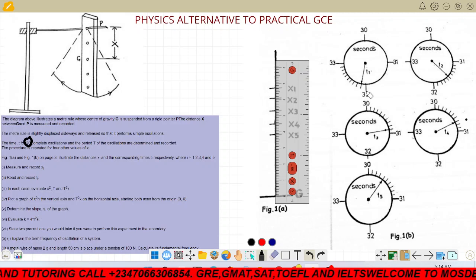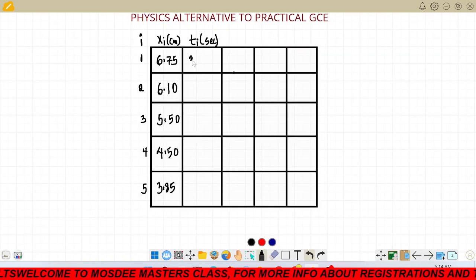So I have to understand the gap distance between 32 and 33. In that sequence, I am going to move. If this is 32, then 32.1, 32.2, 32.3, 32.4, 32.5, 32.6, 32.7, 32.8, and 33. So that means it is 0.1 unit. So 32, 32.1. As you can see, the time here is 32.1. So T1 is 32.1.